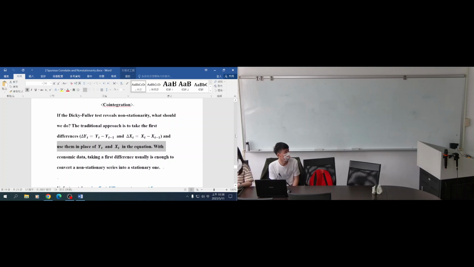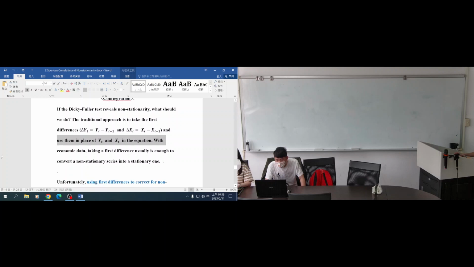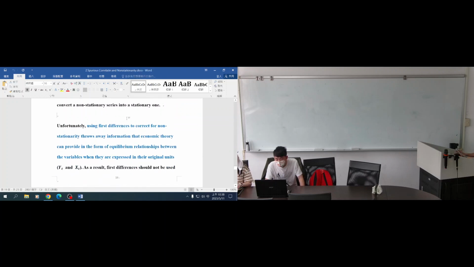The traditional approach is to take the first difference, then put the first difference in the place of y, and the first difference in the place of x. But originally I really want to see the relationship between the levels of the variables instead of the first differences.